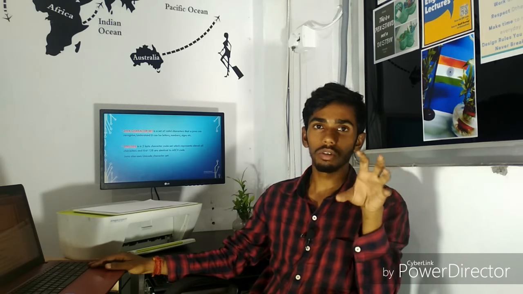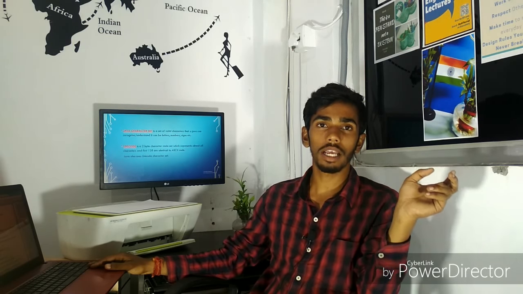These particular categories are known as data types, and data types are of two types: primitive data types and non-primitive data types. Primitive data types are the predefined data types that are developed by the software developers, and non-primitive are user defined. That means they are developed by the user for their own use.